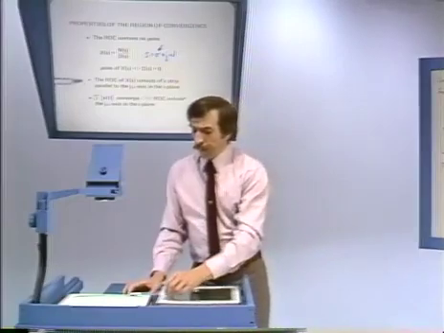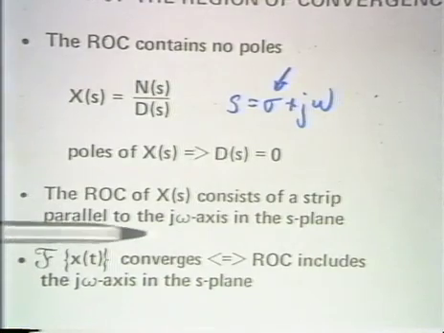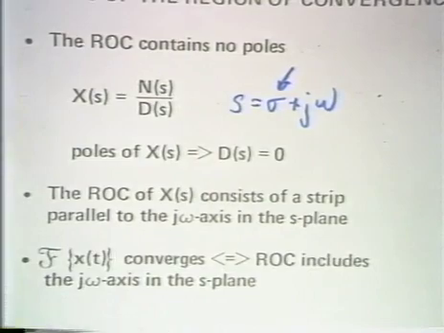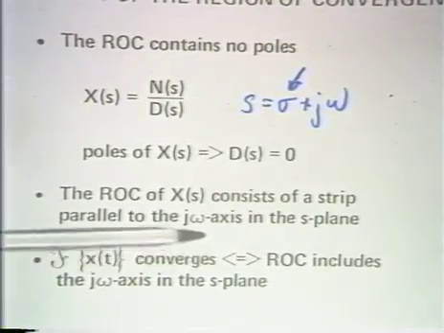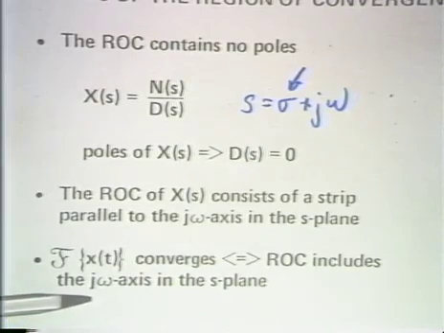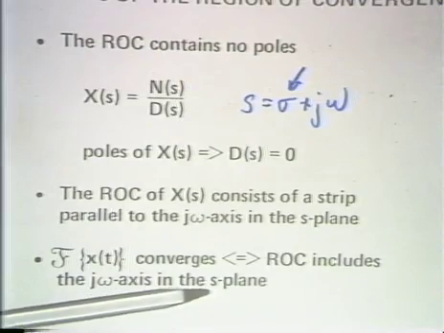Now, finally, we can tie together the region of convergence to the convergence of the Fourier transform, in particular since we know that the Laplace transform reduces to the Fourier transform when the complex variable s is equal to j omega.